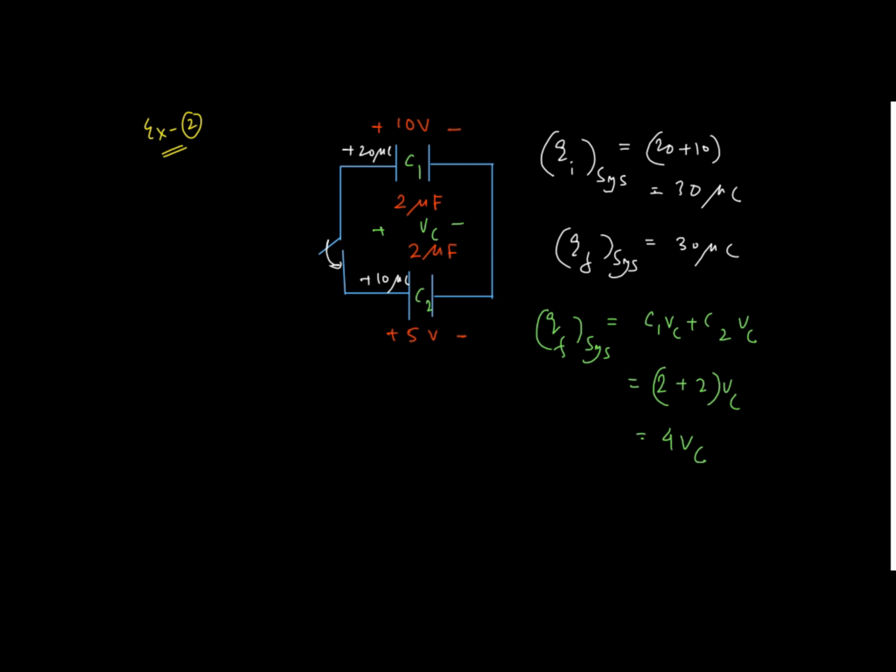Now Q final is equal to Q initial, so I can write 30 is equal to 4 Vc. So Vc is coming to be 30 by 4, it means 15 by 2 volt, that is 7.5 volt.